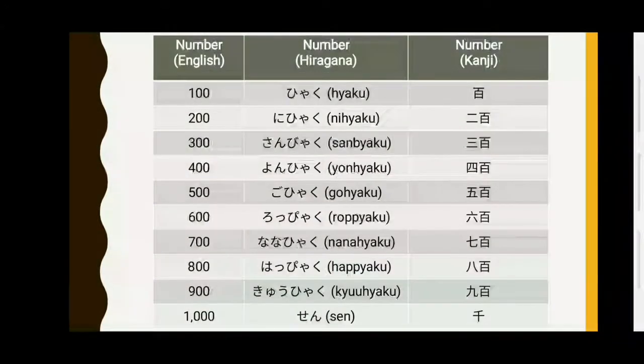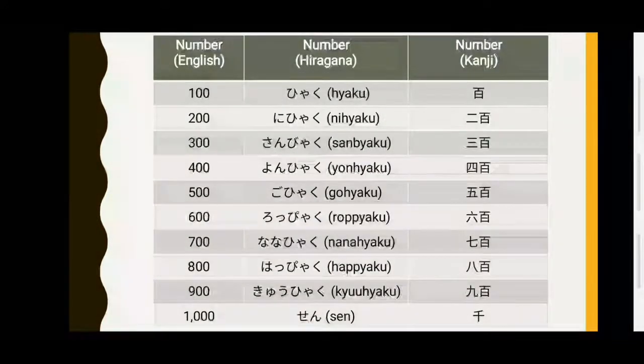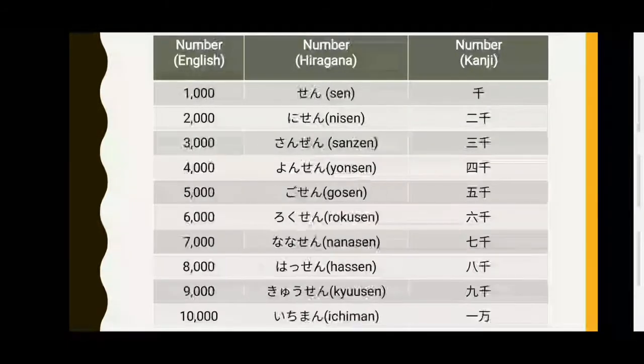We have 100 hyaku, 200 nihyaku, 300 is special, sanbyaku, 400 yonhyaku, 500 gohyaku, 600 is also special, roppyaku, 700 is nanahyaku, 800 another special, happyaku, 900 kyuhyaku, and 1000 is sen.